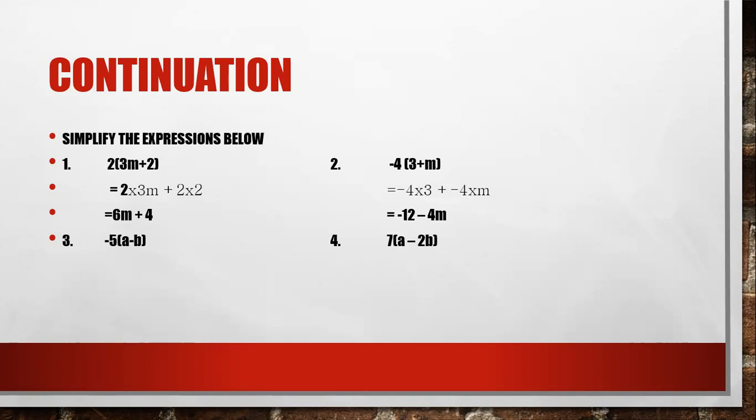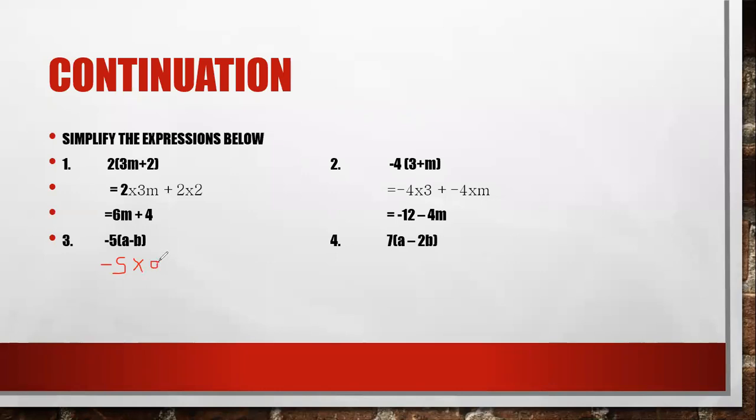Okay, for number 3, it's -5 into A minus B. We open the brackets and say -5 times A plus 5 times B, since a negative multiplied by a negative gives a positive.